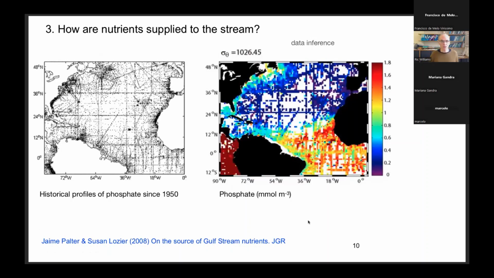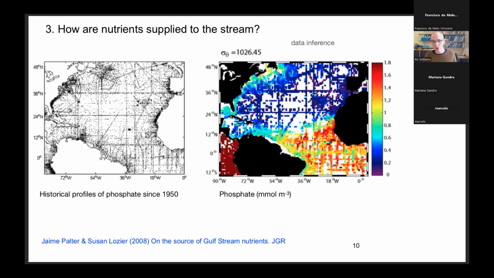So how are the nutrients supplied to this nutrient stream? And there have been various debates about that, and I'll come to that later. But Jamie Poulter and Susan Lozier did a nice study where they compiled all the historical profiles of phosphate since 1950, as marked by these black dots, and then on a particular density surface, plotted those.